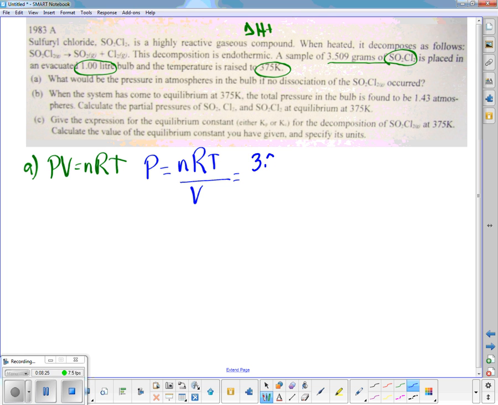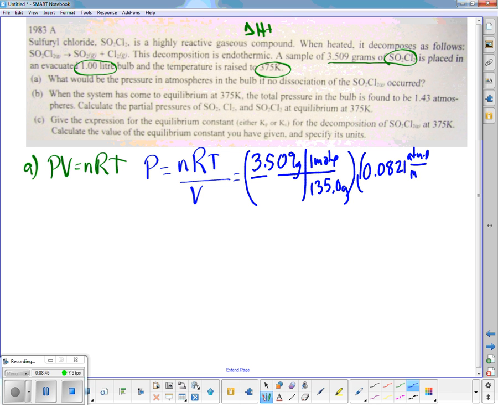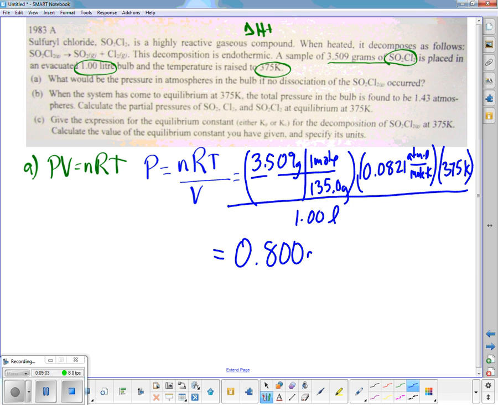So you should have, okay, so if you set it up just like this, you should be, ta-da!